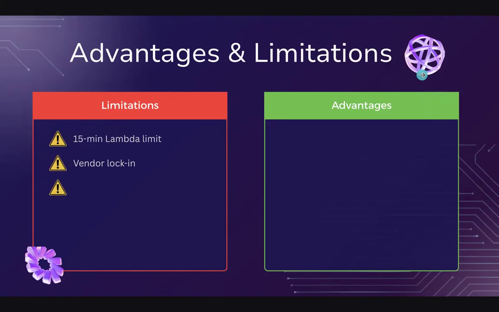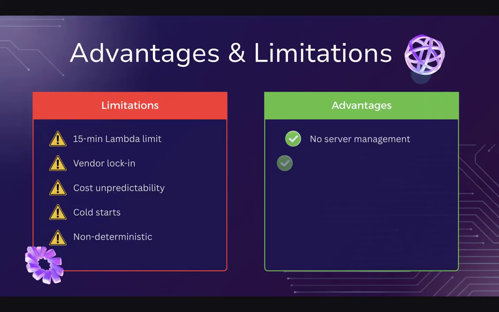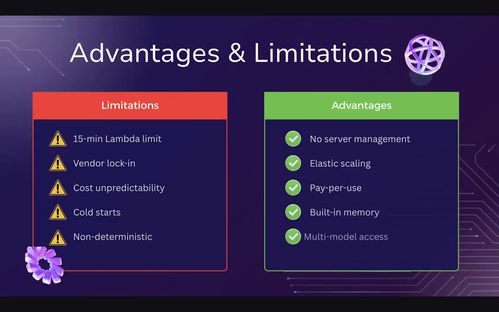The system scales elastically, handling one user or a million with zero configuration change. You pay per use, which makes it very cost efficient for variable workloads. Memory is built in through AgentCore, eliminating hundreds of lines of custom code, and you can swap between LLMs without rewriting your agent.